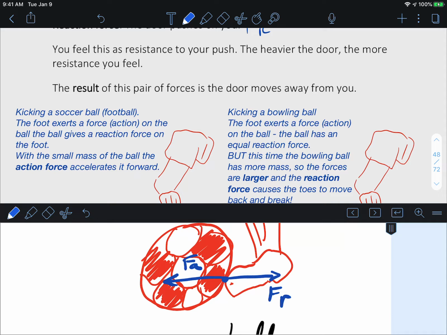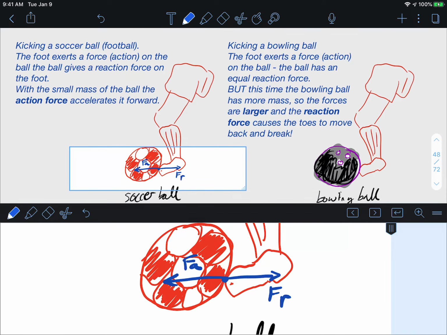And if you try to kick a soccer ball without shoes on, you'll notice that there's a little bit of sting left in your foot if you stub it wrong. In that case, soccer balls have some mass to them, maybe even a mass that compares to your foot.